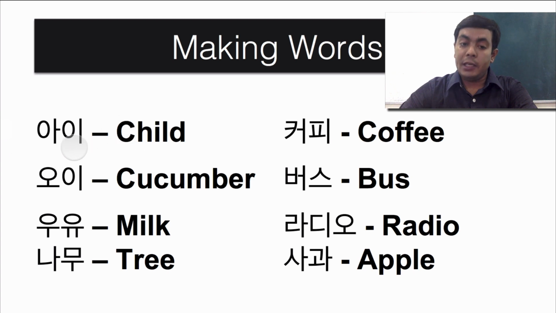Now let's have a look at some real words that you can easily read. A plus i, ai, it means child. Oi, cucumber. Uyu, that is milk. Then we have here namu, that is a tree.